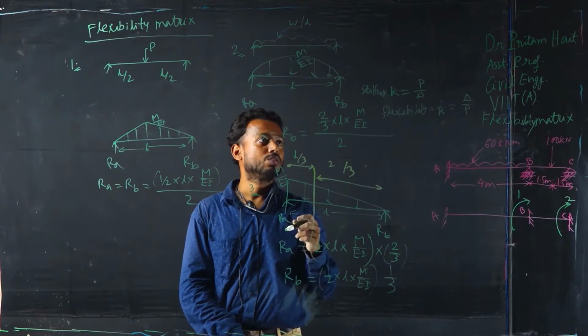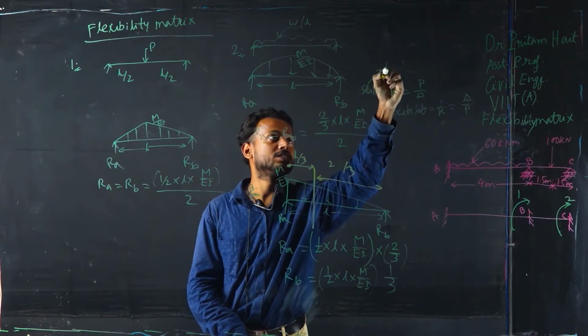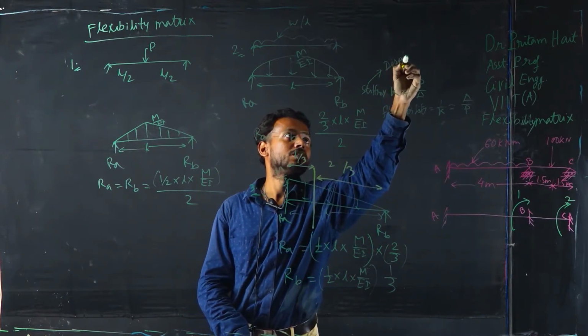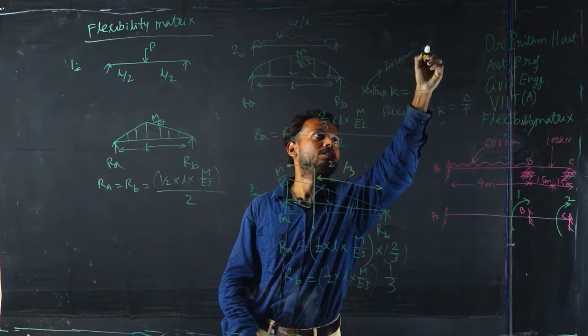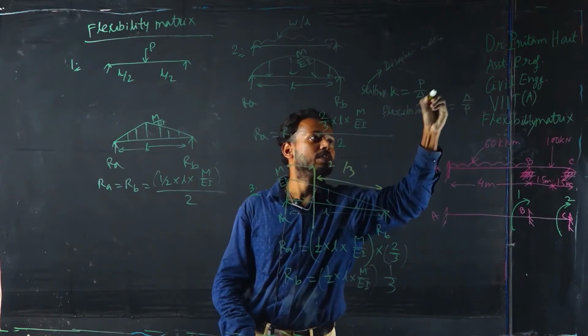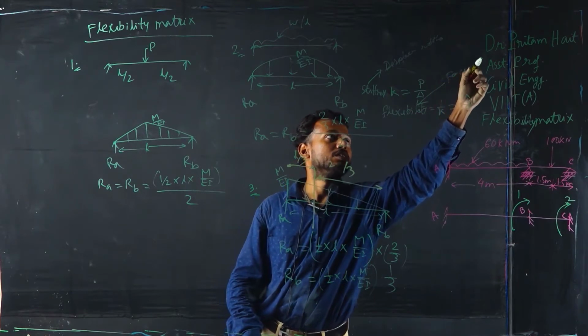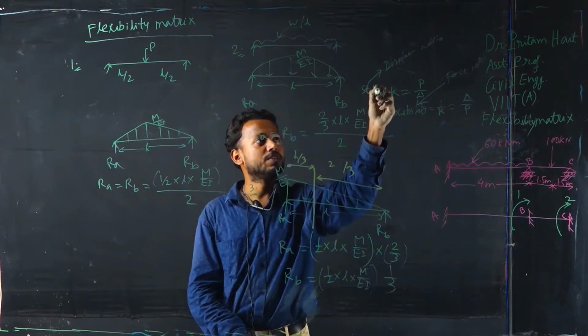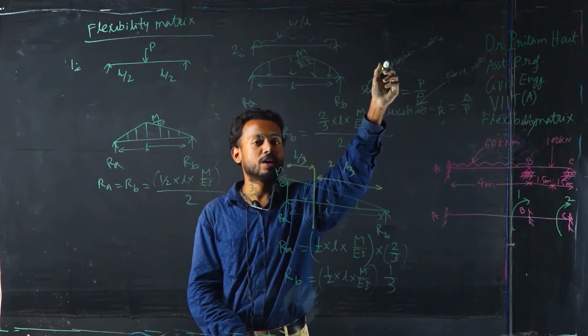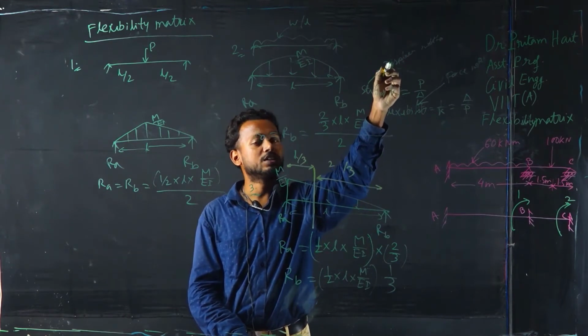Okay. So stiffness matrix is a displacement method, and flexibility matrix is a force method. Always you remember that. In stiffness matrix we determine displacement, we are interested to determine the displacement.